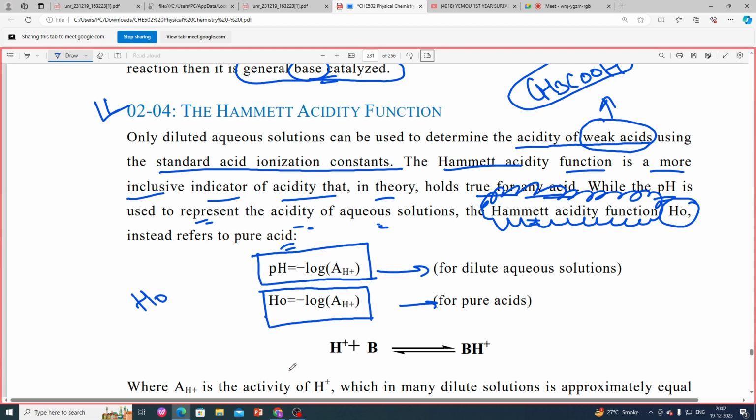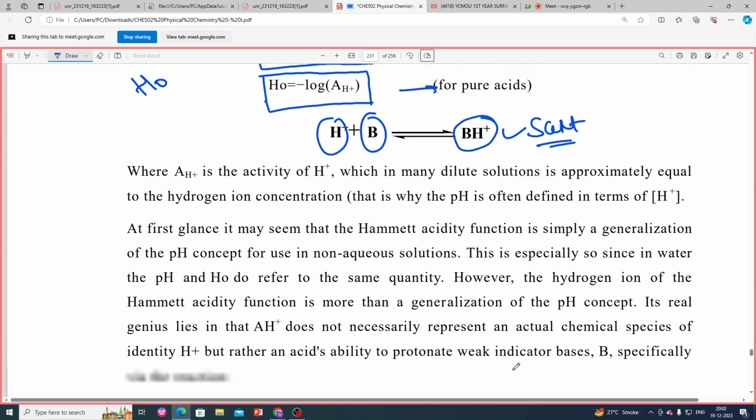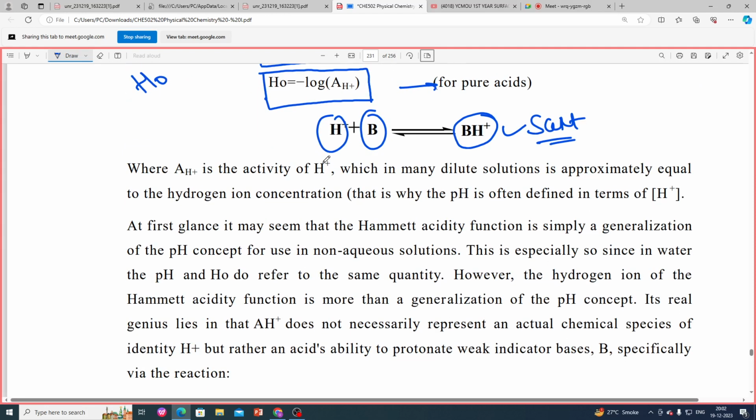So the general reaction is given here: H+ plus B gives BH+. Look, acid plus base come together, what do they form? Here aH+ is the activity of H+, which in many dilute solutions is approximately equal to the hydrogen ion concentration.